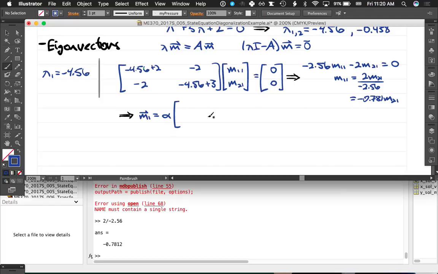So you can plug in any number you want for m21. I like to plug in 1, because it's easy. So let's say m21 is 1. So m11 has to be negative 0.781 times 1, which is also just negative 0.781.